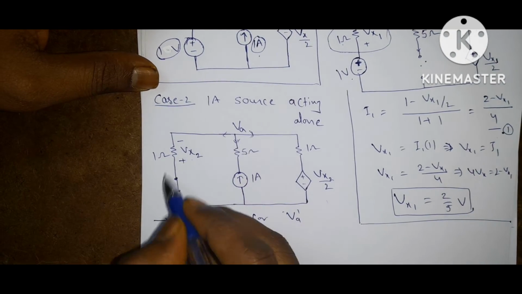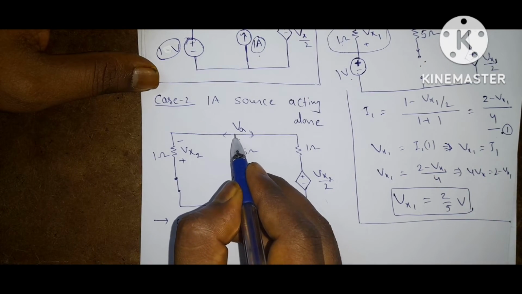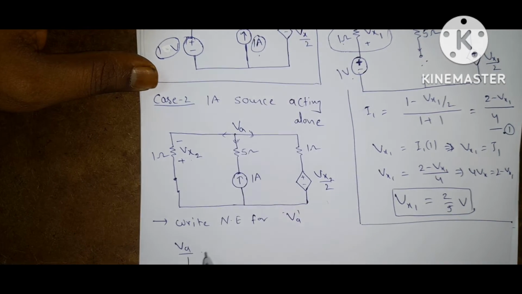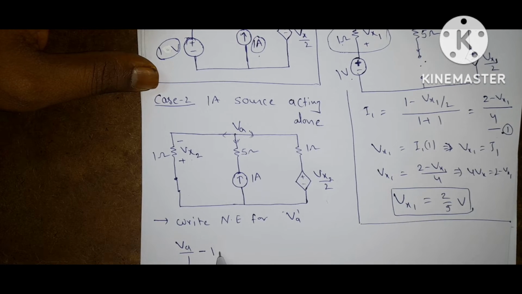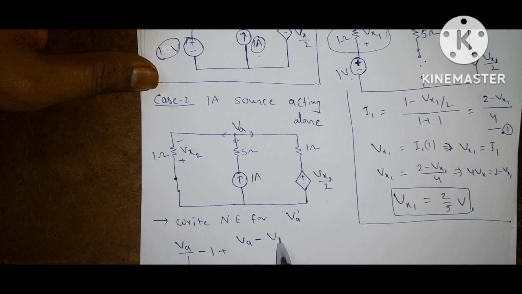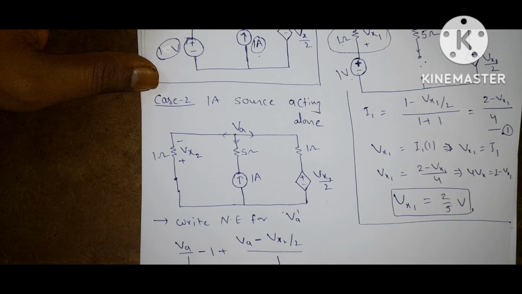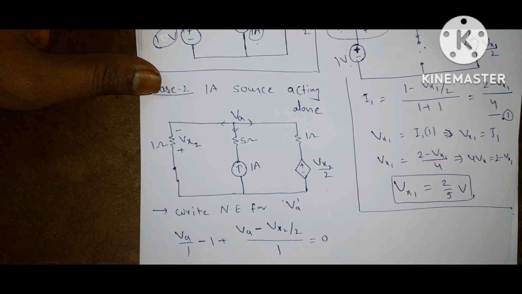So this is Va by 1, but this current is entering this node, that is, the current is coming towards this node. It is minus 1, plus Va minus Vx2 by 2 by 1, is equal to 0.